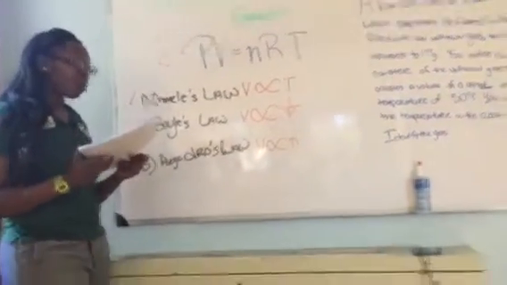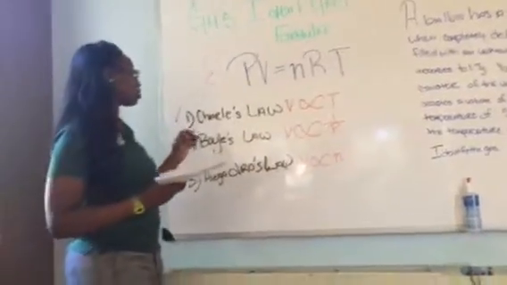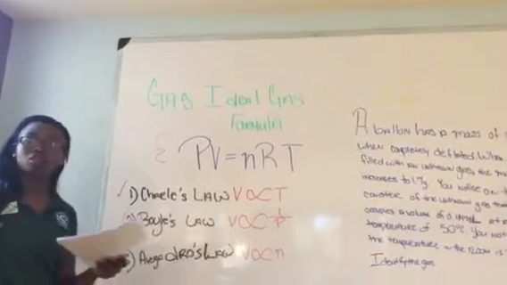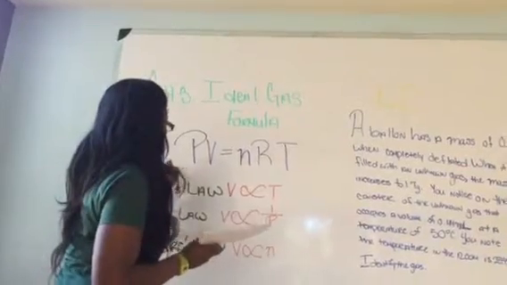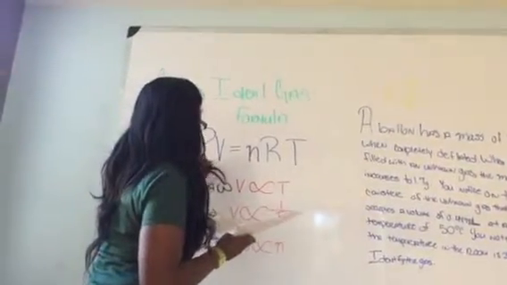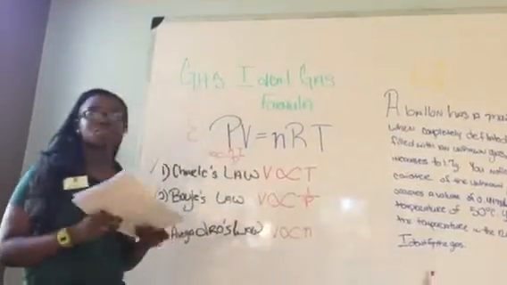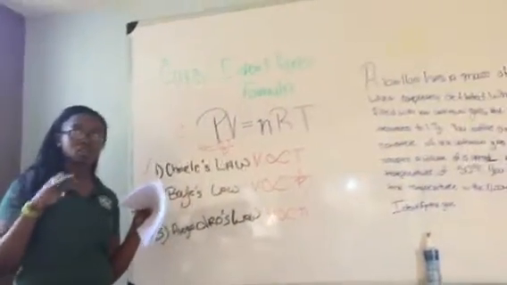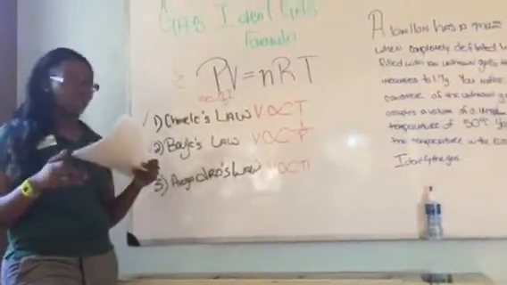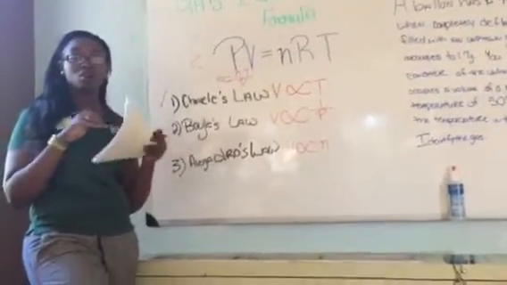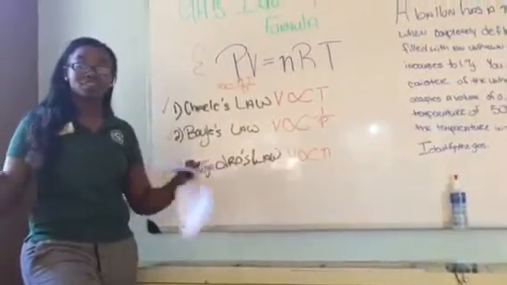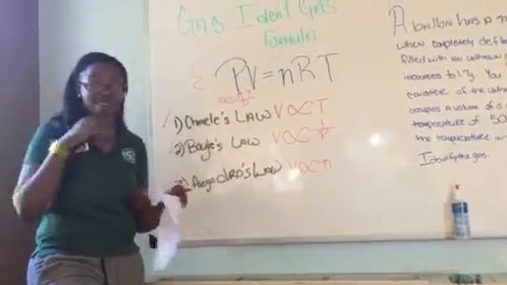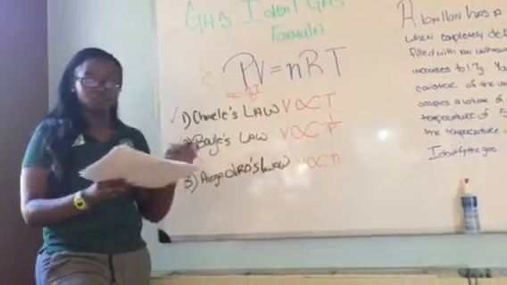Combining the three previously learned laws, Charles' law, Boyle's law, and Avogadro's law, we get the proportional idea that V is related to nT over P. So volume depends on those three moving parts, and for this to work, it has to be equally related.